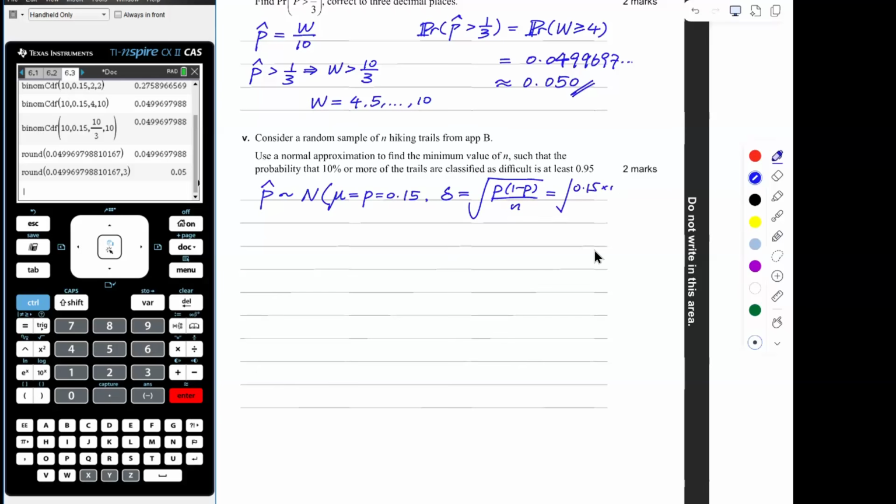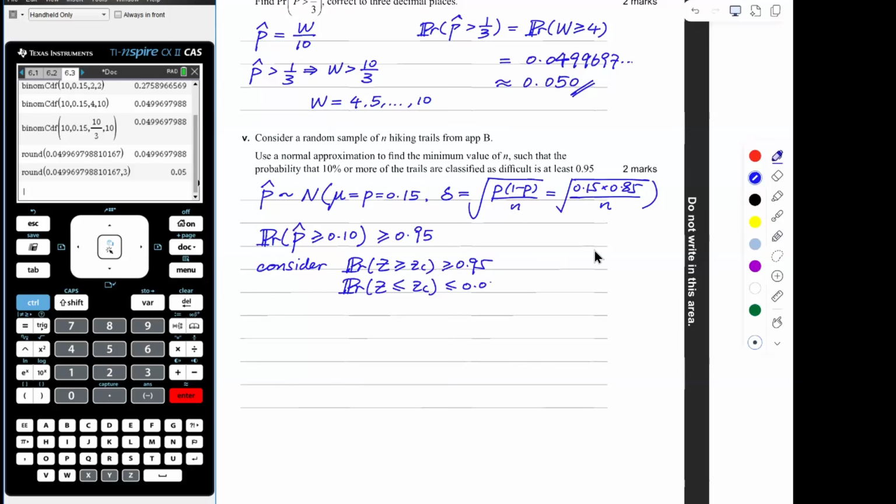In this case, you can either use trial and error, or you can use inverse norm CDF. Because now I'm going to say, all right, if it's equal to 0.95, for example, consider the probability Z larger than or equal to zc, larger than or equal to 0.95. Then the probability Z less than or equal to zc is less than or equal to 0.05.